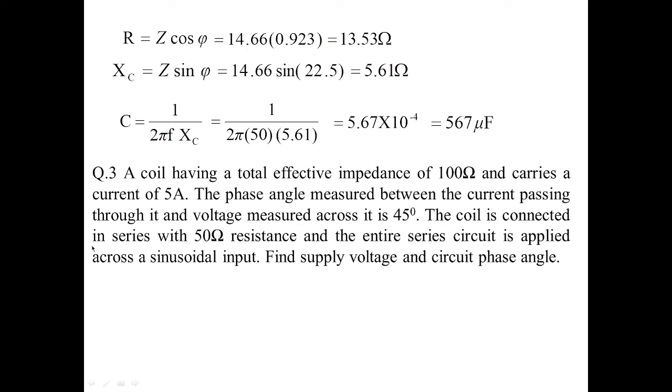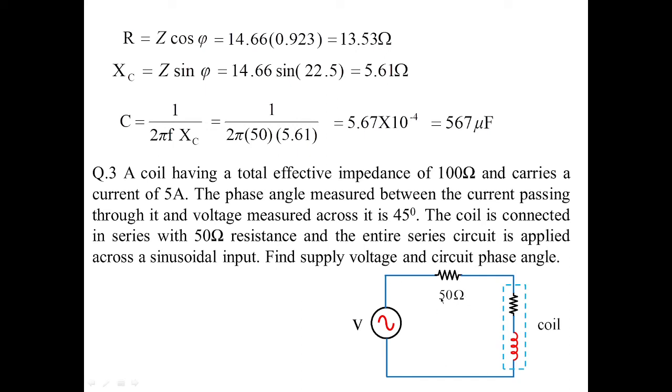The coil is connected in series with a 50 ohm resistance and the entire series combination is applied across a sinusoidal input. We need to find the supply voltage and circuit phase angle. So here, unlike previous problems, the input was not given and we are required to estimate it.